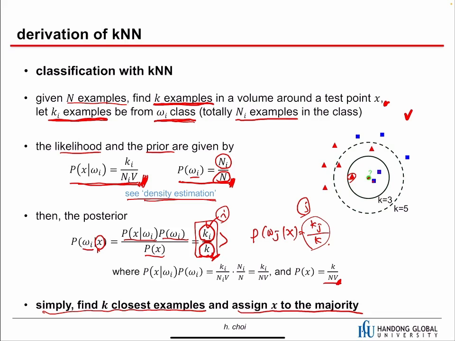Now if k is 5, we have to find 5 neighbors, and then we include more red samples. Now the green sample will be classified into the red class because we have more reds here. So KNN is quite simple, but it works great.